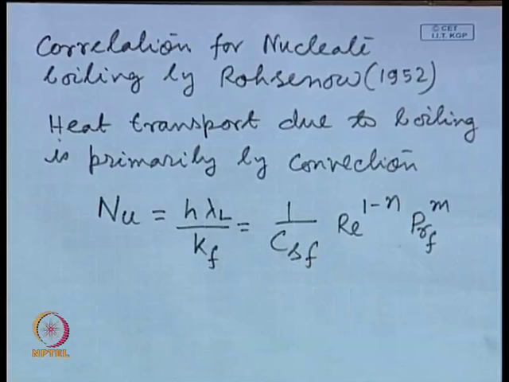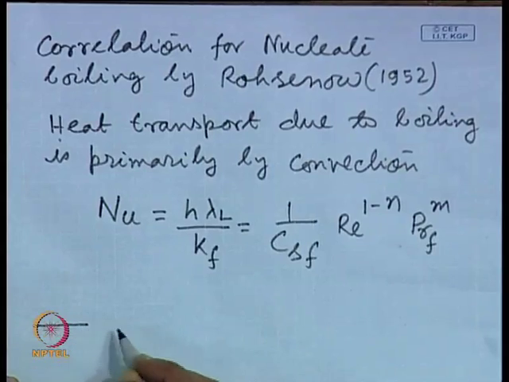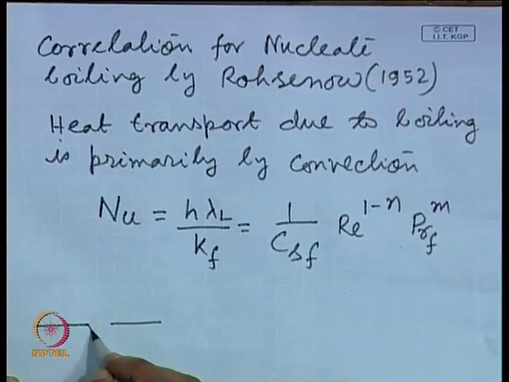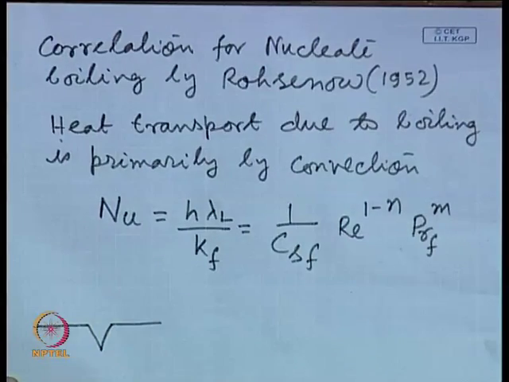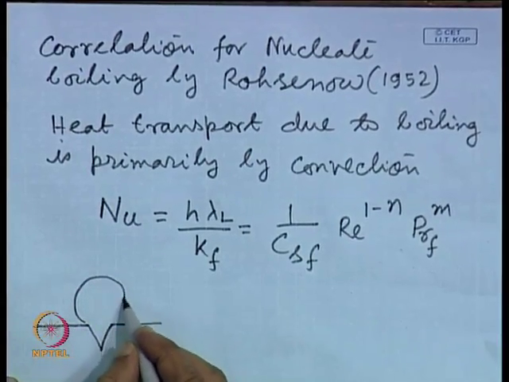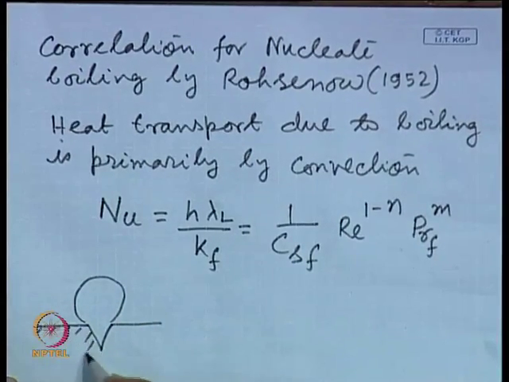So, 1 by C_sf is some sort of a coefficient, then Re to the power 1 minus n and Prandtl to the power m, and Prandtl number is defined based on liquid properties, because the basic idea here is we have got a solid surface. In the solid surface we have got a cavity. From the cavity a bubble will generate. When this bubble will move, it will create some sort of a convection current.